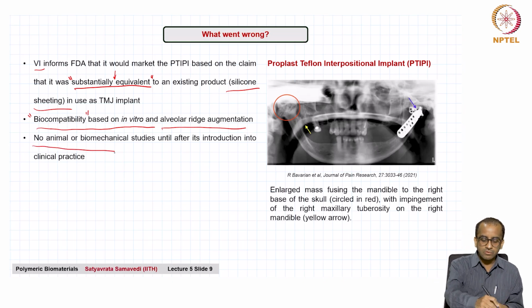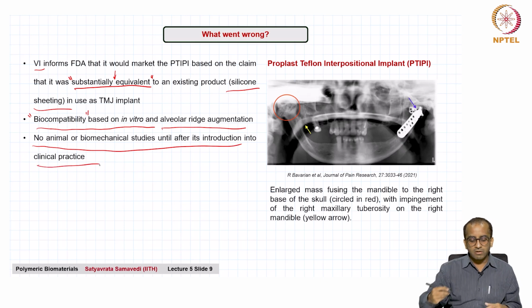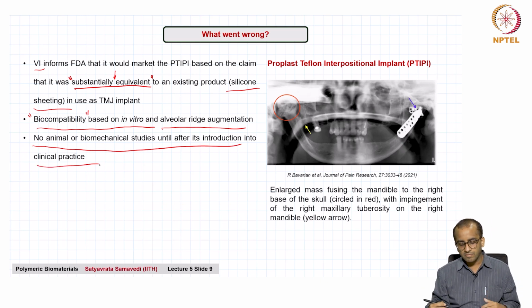And what was bizarre was no animal or biomechanical studies were done until after its introduction into clinical practice. And shown here is an example of that from the study, where you see this circle indicating enlarged mass fusing the mandible to the right base of the skull, where you see bone fusing, and you also see the yellow arrow marking impingement of the right maxillary tuberosity on the right mandible.